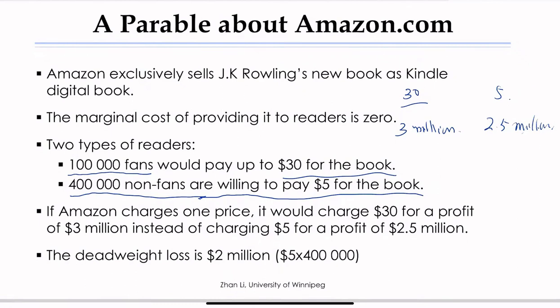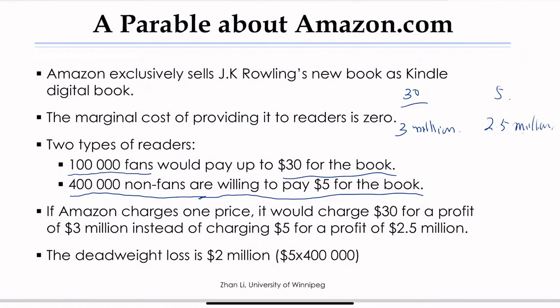Now, do you want to set a price which is higher than 30? You don't, because if you set a price higher than 30, then you will sell nothing. So your profit is basically zero. Do you want to set a price above 5 but below 30? You don't.